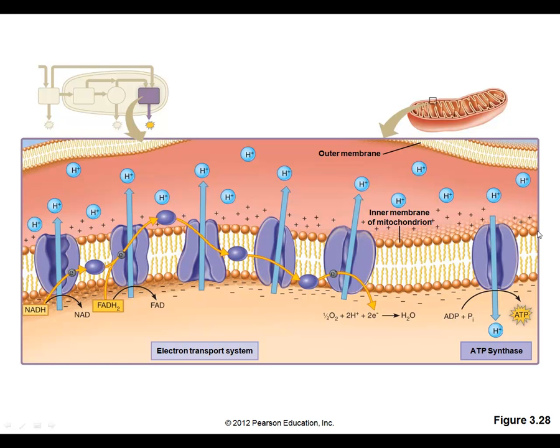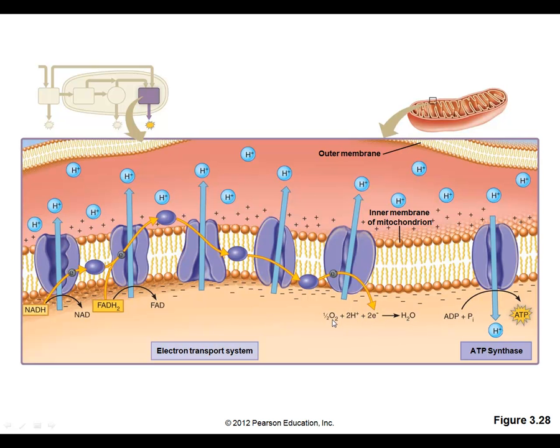Well, some of you are wondering, okay then, what happened to my electrons? Do they keep bouncing around? No, they don't bounce around anymore. What happens is those electrons finally will get stuck to the oxygen. And when they get stuck to the oxygen, then they reduce the oxygen, and the oxygen now can bind freely with the hydrogen ions, and therefore you make water.